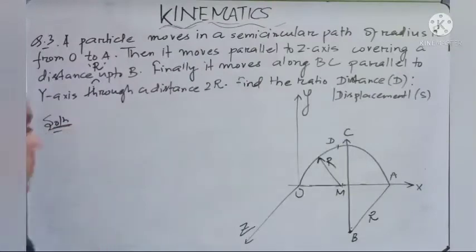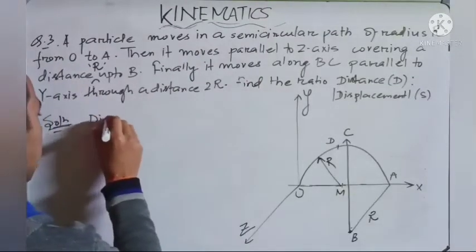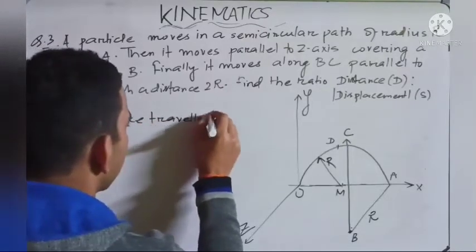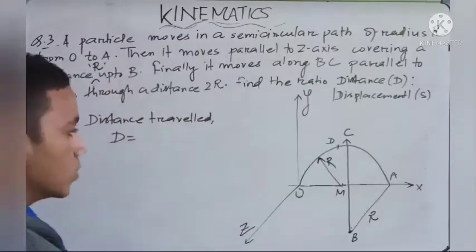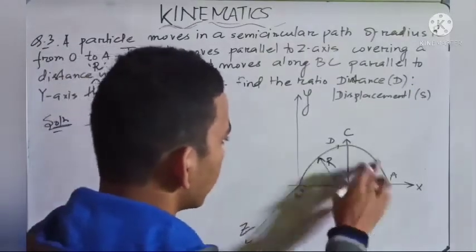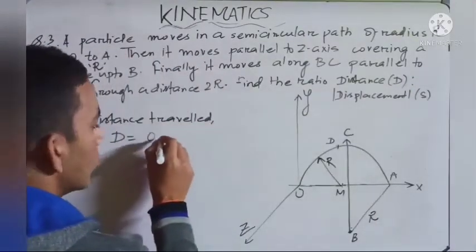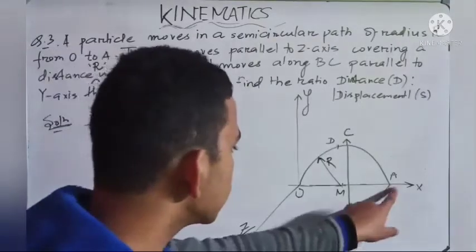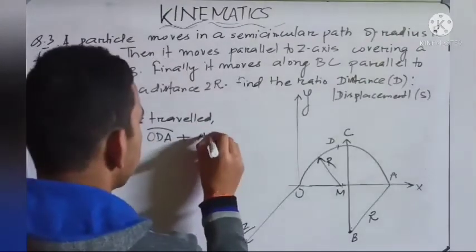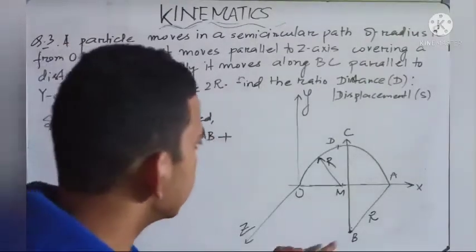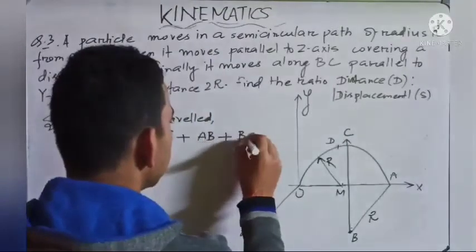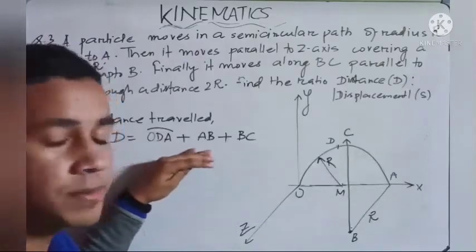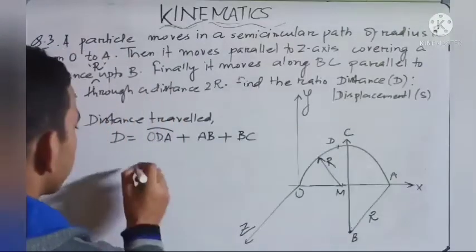So we can write distance traveled, or capital D, is equal to this arc length ODA plus this AB plus this BC. The summation of all these three terms will give the total distance or the total path length traveled by the particle. So let's find it.